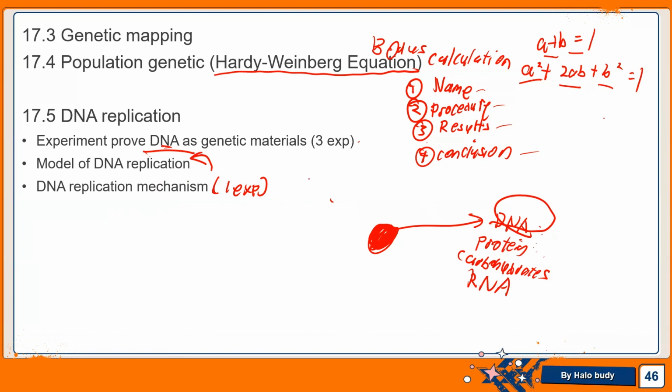Same as these 3 experiments, you have to learn the names of the scientists, siapa yang buat eksperimen ni, also the procedure, macam mana dia buat, the result, keputusannya, and then the conclusion, what conclusion he makes from the result, and which model is the only one for DNA replication.